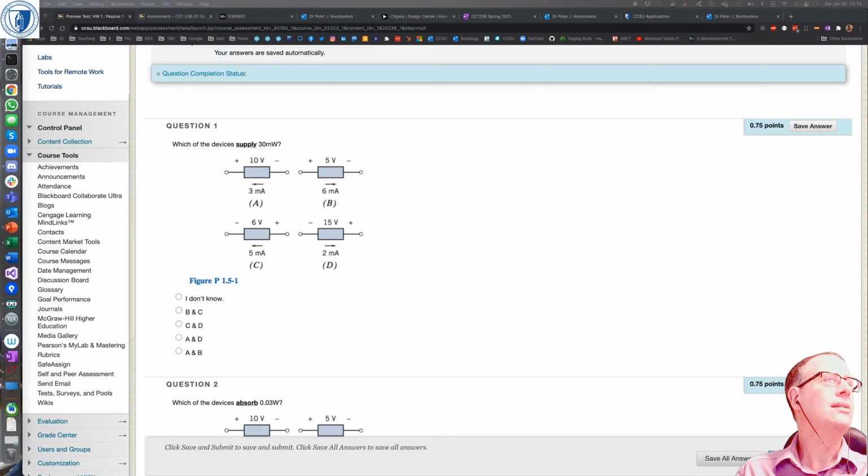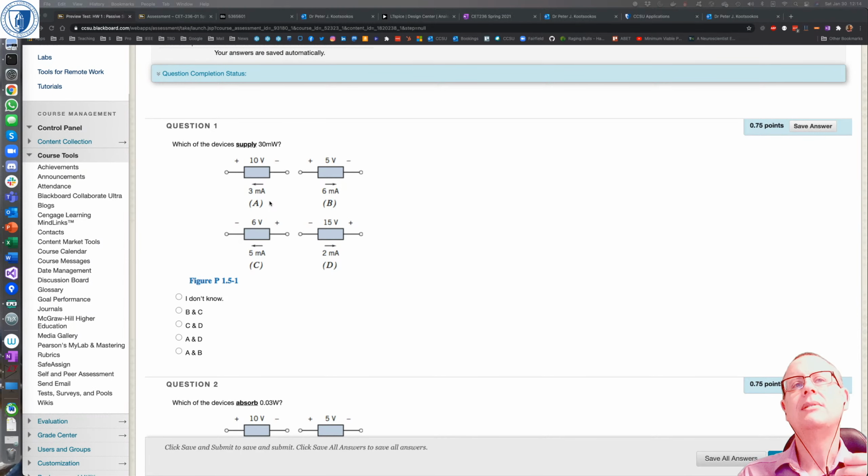So supplying 30 milliwatts, the passive sign convention is not adhered to, because if the device is supplying power, it's an active device.